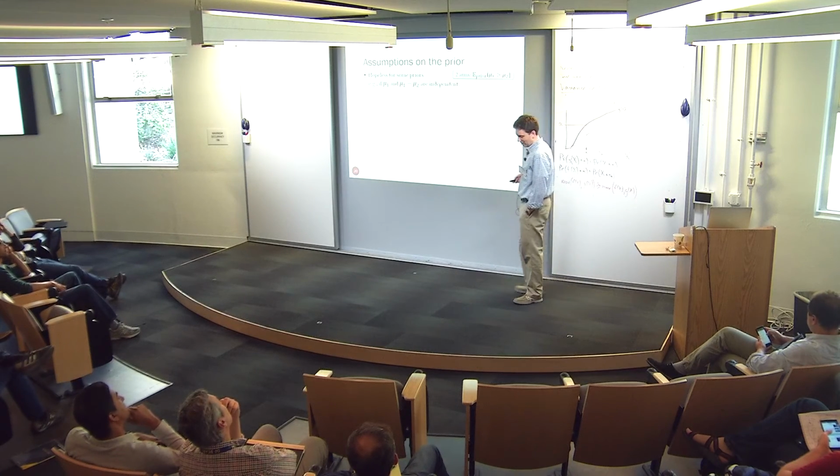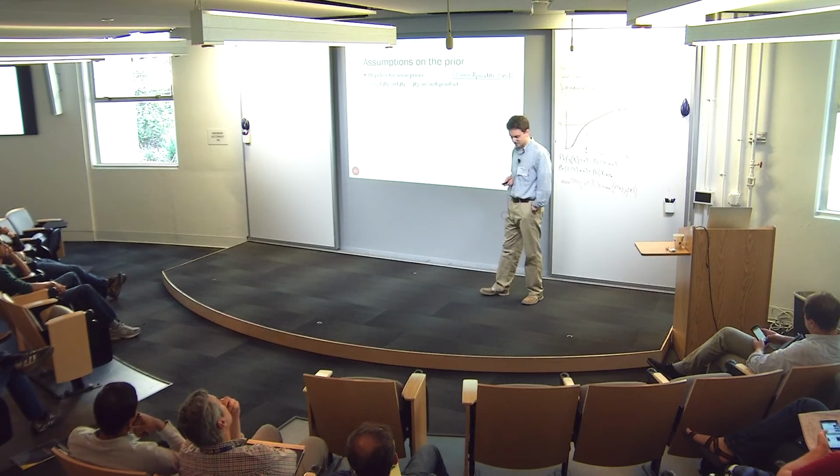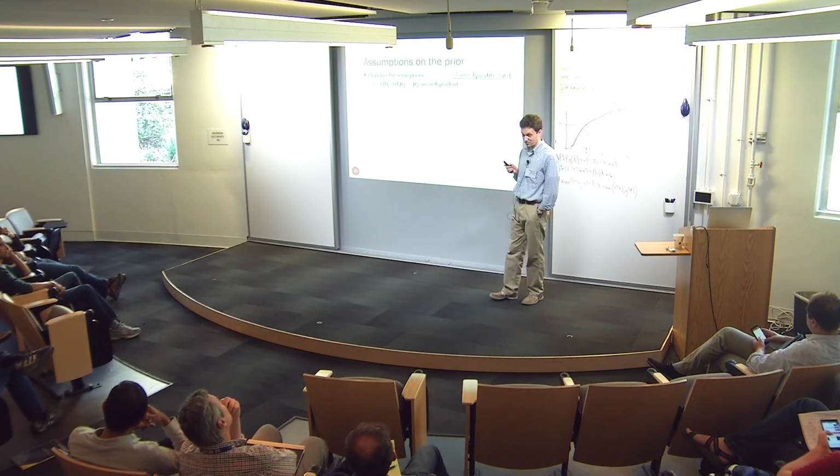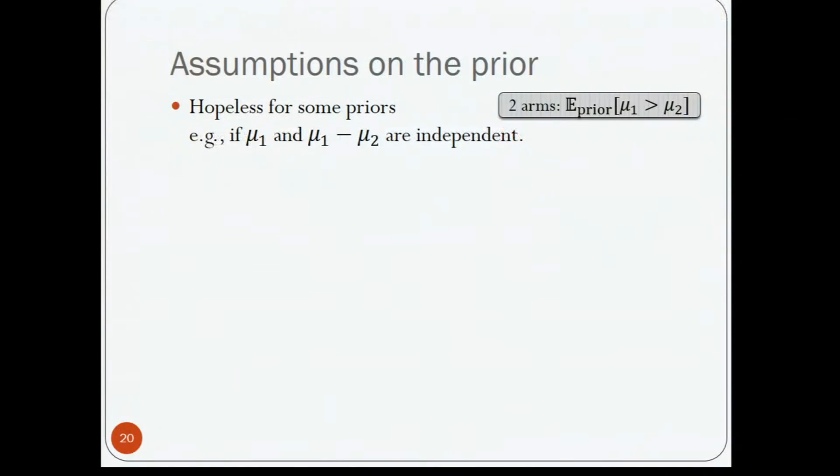Okay, so it's easy to see that there are some priors for which the problem is completely hopeless. For example, if the prior is such that the mean reward of arm 1 and the difference between the two rewards are independent, then initially we can only try arm 1, and no matter how many samples of arm 1 we have, we cannot possibly convince any agent to try arm 2 because it doesn't give us any information about the difference.